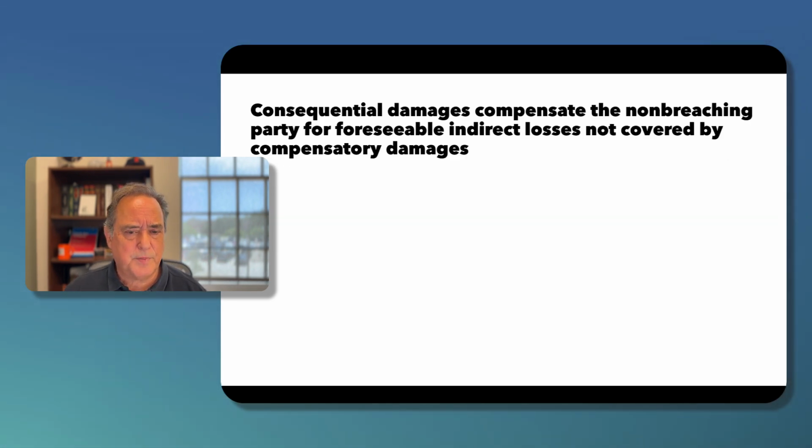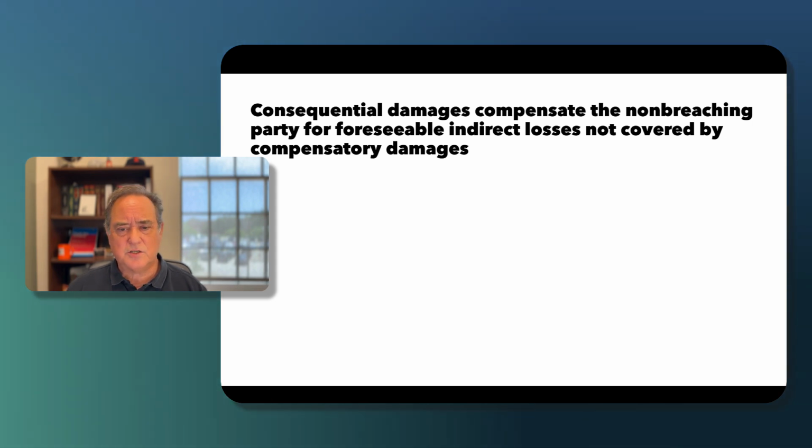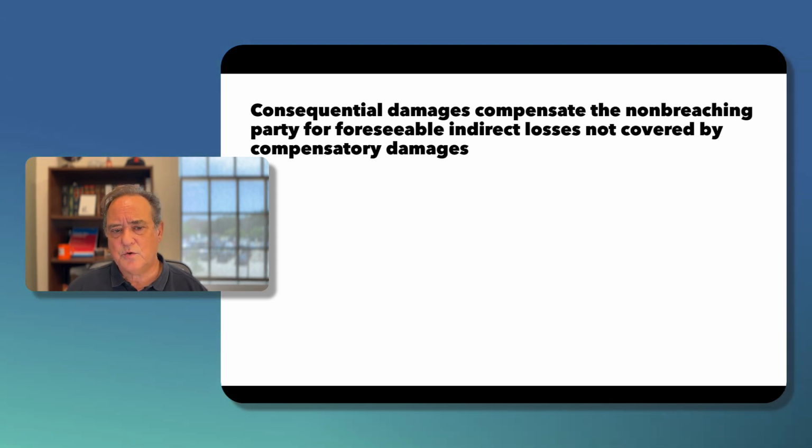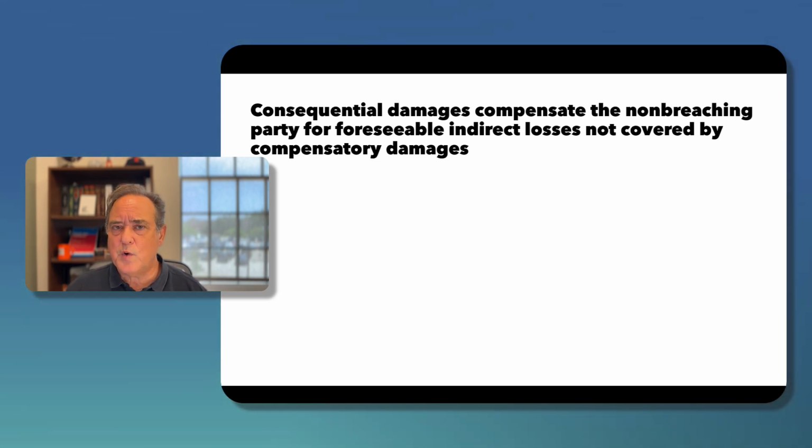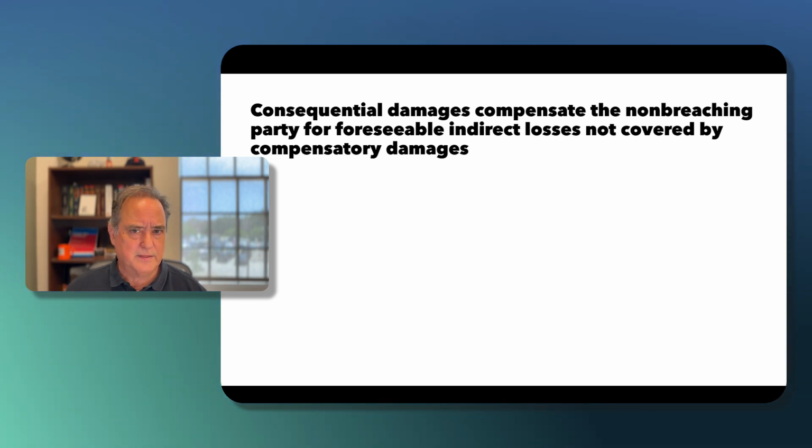The final component of damages are consequential damages. Consequential damages compensate the non-breaching party for foreseeable losses that were not directly caused by the breach, but which flowed from the breach.